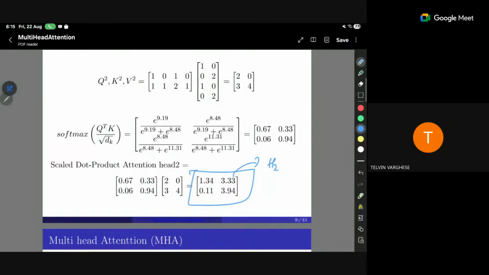So how will you compute Q2, K2, V2? You have WQ and this is the input X, and it will give you the Q matrix. What I have done is I have used the same matrix, the same weights, for WK and WV also, so it would give you the same output. That's why I'm showing it this way, QKV.